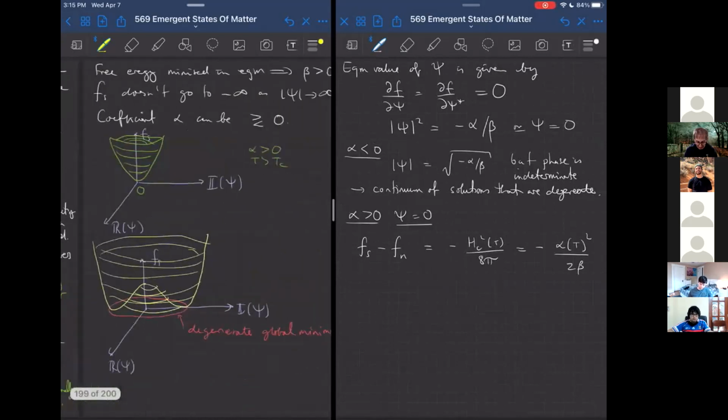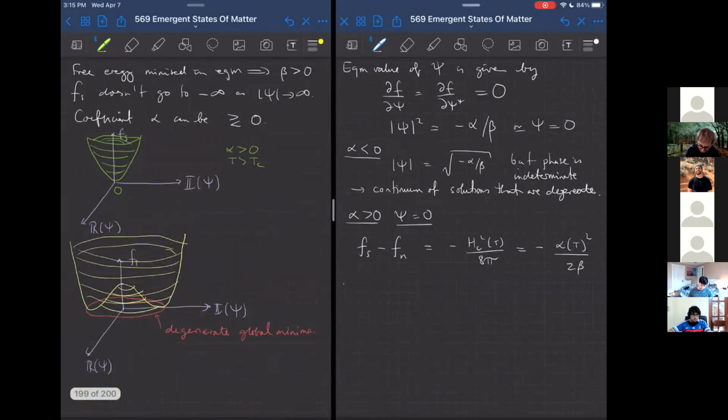So what that then tells us is that we can deduce that alpha of t is proportional to the thermodynamic critical field hc, and hc of t goes to 0 as t tends to tc.